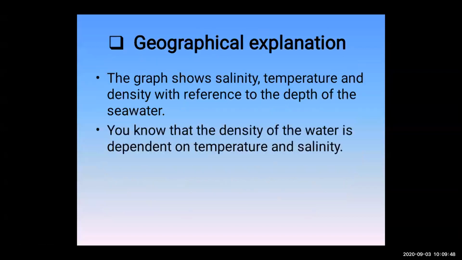Now, after understanding density with the example, next we are going to see the graph of salinity, temperature, and density. With these three major properties, we can easily understand the distribution of temperature.